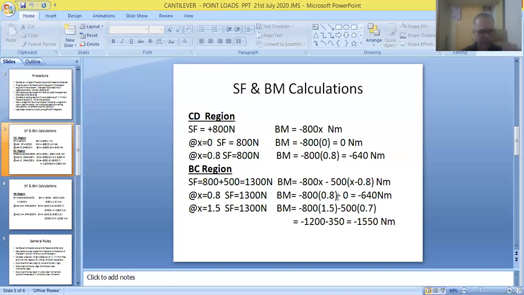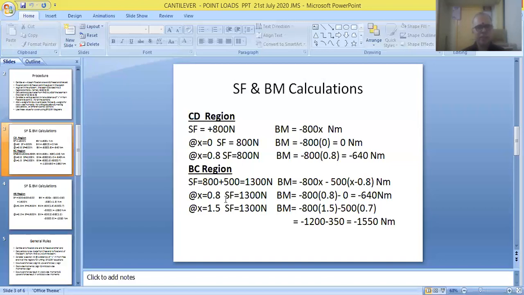So this load 800 is acting at a distance of x meter from the section. The 500 is acting at a distance of x minus 0.8 meters. So x is used for making the first calculation, x minus 0.8 to be used for making the second calculation.